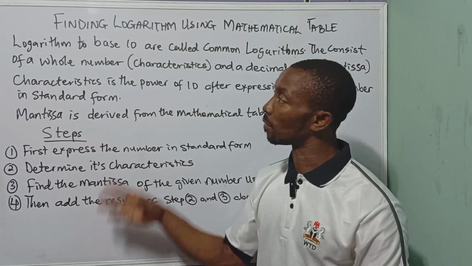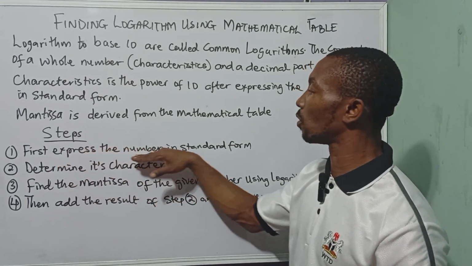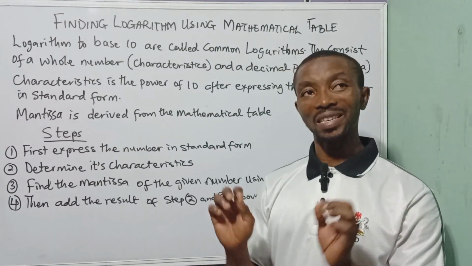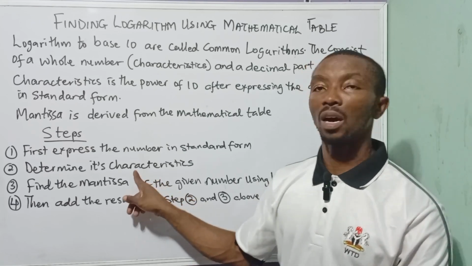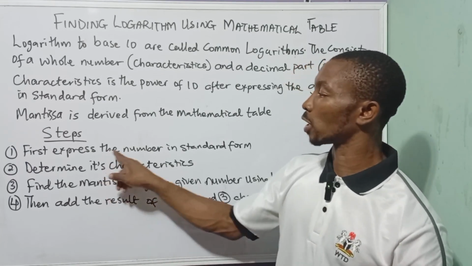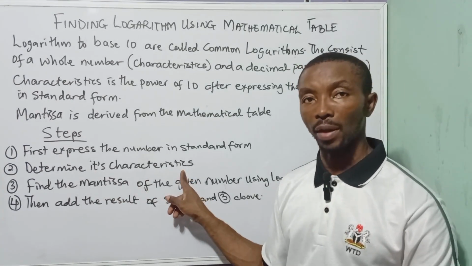Now, our steps in finding a log: first, we must express that number in a standard form. The essence of expressing this in a standard form is to get our characteristics. Very, very important. If we express it in a standard form, we determine our characteristics from there.